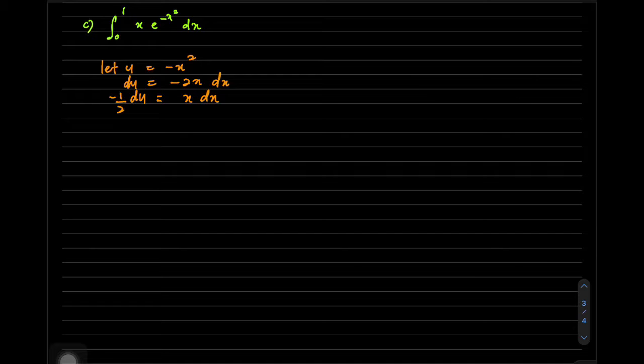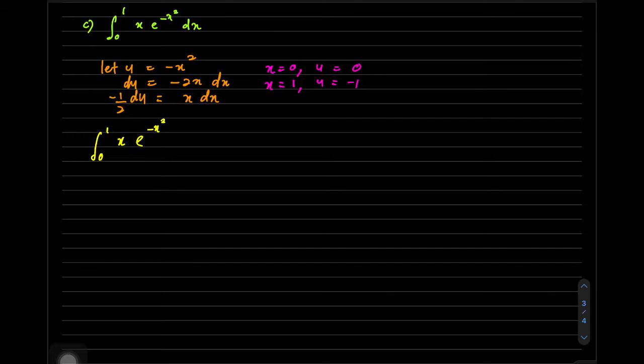Then we need to change the limit in terms of u. When your x is equivalent to 0, then your u is equivalent to 0. When your x is equivalent to 1, then your u is equivalent to negative 1. So next, this is your question.